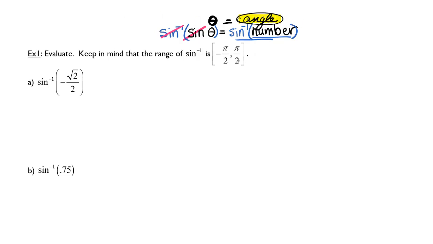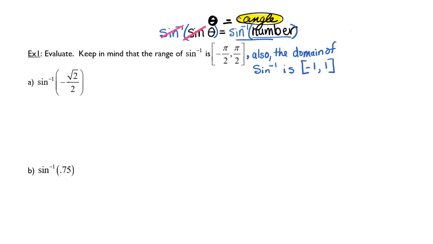The other thing to remember is that in addition to the range of sine inverse being negative pi over 2 to pi over 2, the other thing we have to keep in mind is the domain of sine inverse is negative 1 to 1.